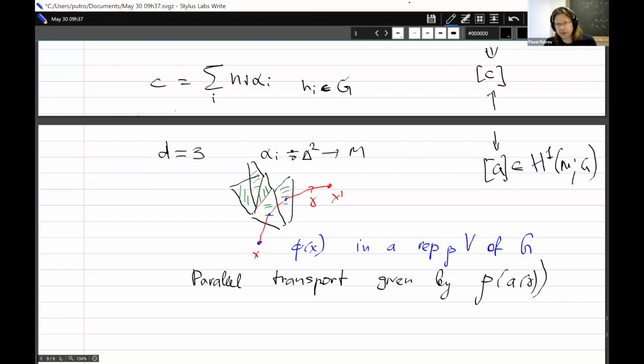If you recall how we understood Poincare duality before in terms of these intersection numbers, it works in the following way.